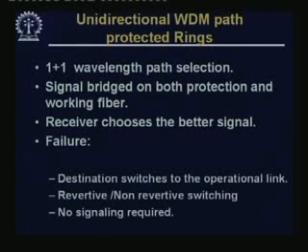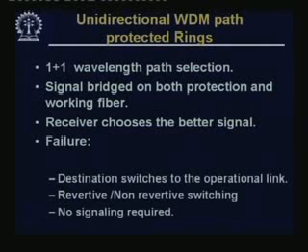And of course, on the optical layer you have one more dimension to play with, which in the case of WDM means you have different wavelengths. So, instead of 1+1 link, you can talk about 1+1 wavelength path selection. You can try to select two independent light paths, and the signal is sent on both protection and working fiber.